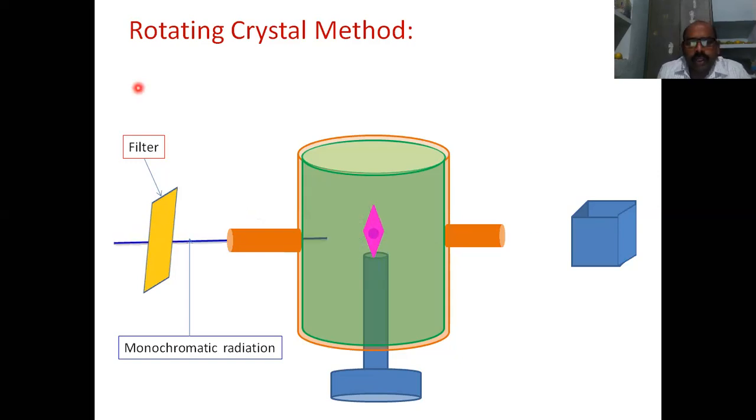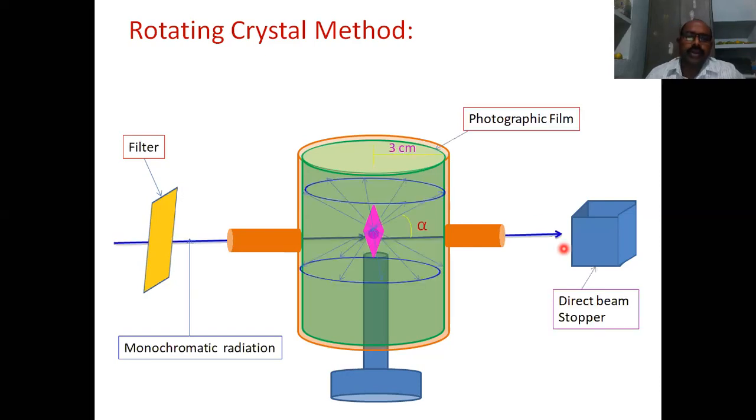The light ray is coming and being scattered, the direct beam came this side, and they are forming different cones. Here I have shown only one cone, but it forms multiple cones, and these are formed on the photographic film. If we develop the photographic film, we observe the pattern.